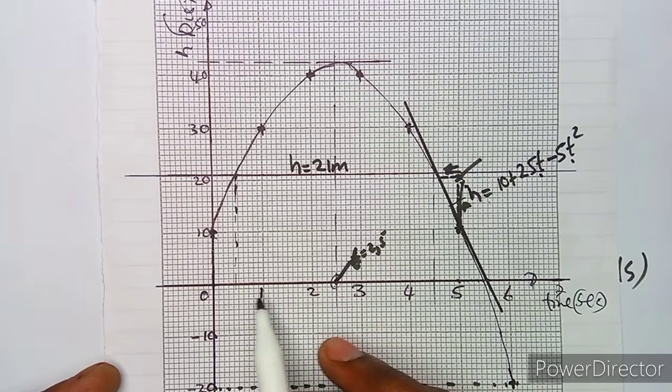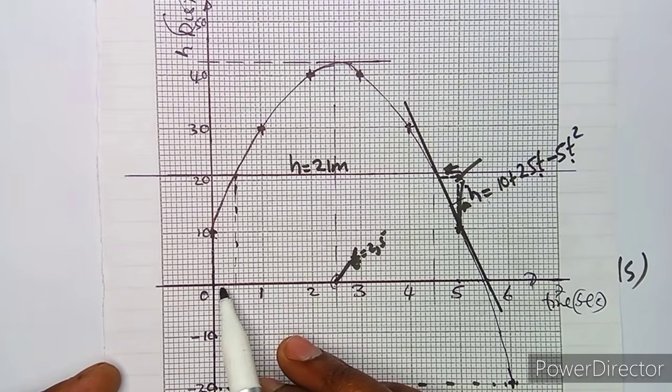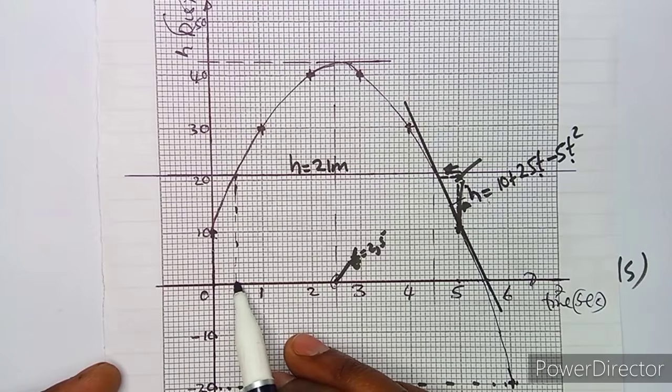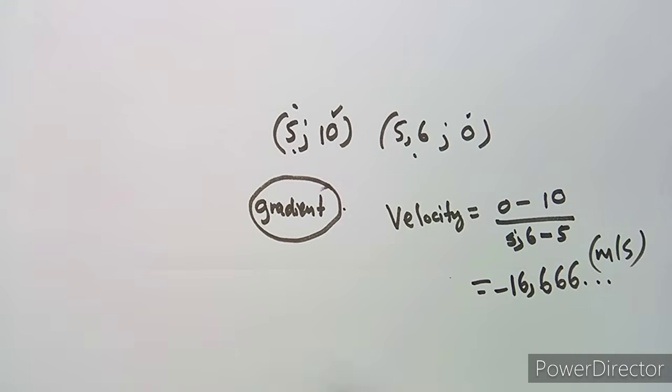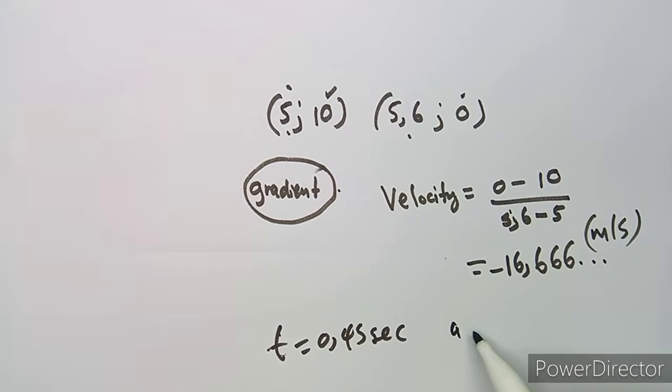Just take according to your scale, 0, 1, 2, 3, 4. According to my graph, I'm obtaining 0,45 seconds, and another one is at this value.